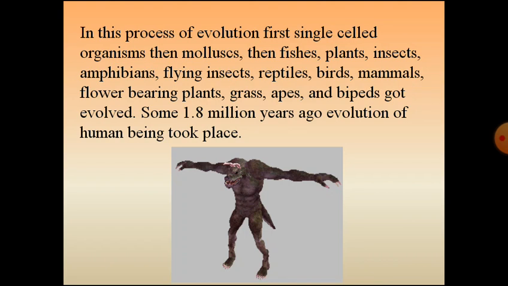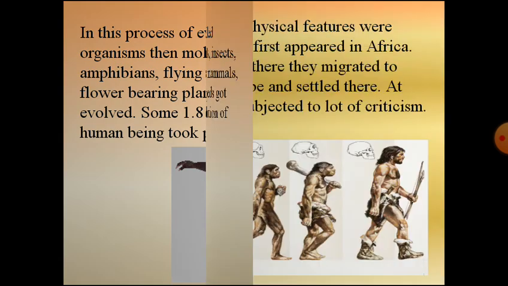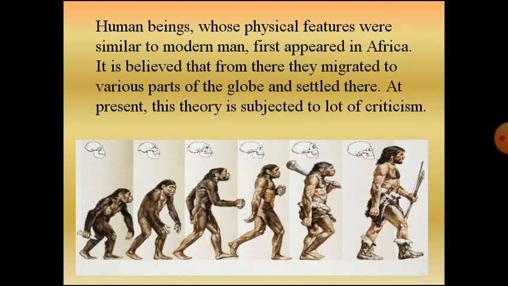In this process of evolution, first single-celled organisms, then molluscs, then fishes, plants, insects, amphibians, flying insects, reptiles, birds, mammals, flower-bearing plants, grass, apes and bipeds got evolved. Some 1.8 million years ago, evolution of human beings took place. Human beings whose physical features were similar to modern man first appeared in Africa.